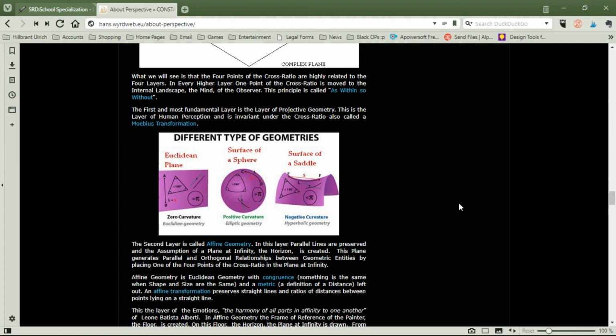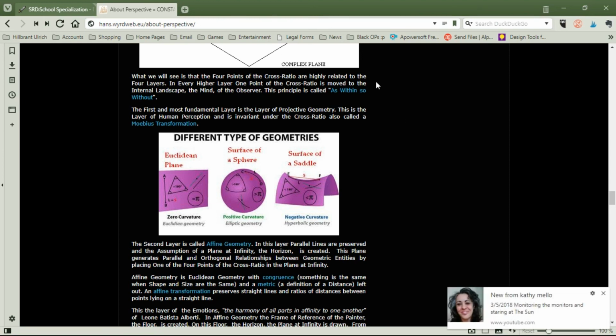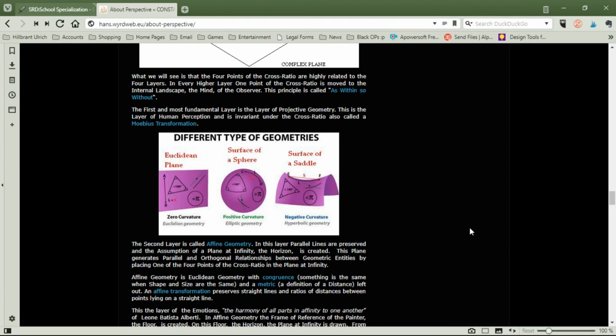They're literally saying that these mathematics are contained within your brain, this geometry, right? The first and most fundamental layer is the layer of projective geometry. This is the layer of human perception, and it is invariant under the cross ratio.